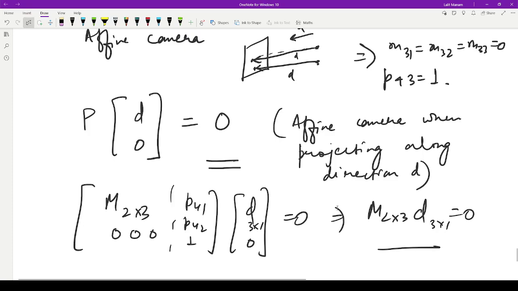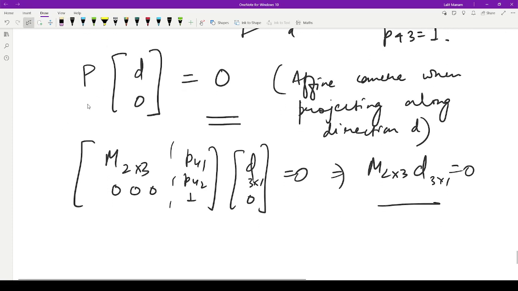What does this D comma 0 imply in an affine camera? Why did I say that it's equal to 0 directly? There should be some meaning to it, right?